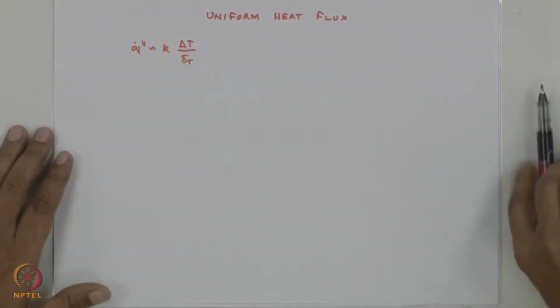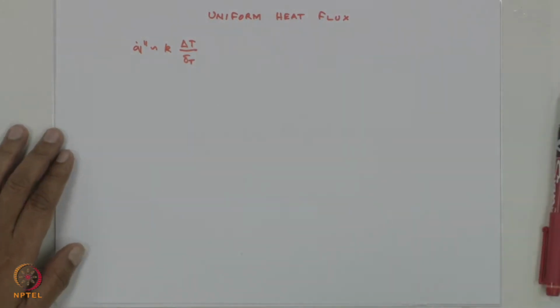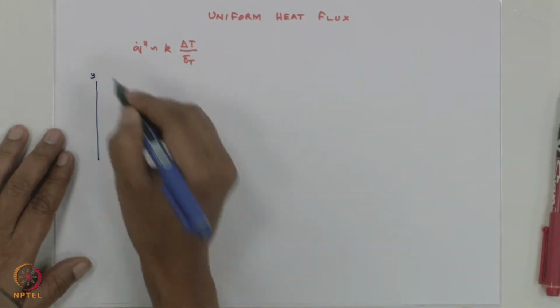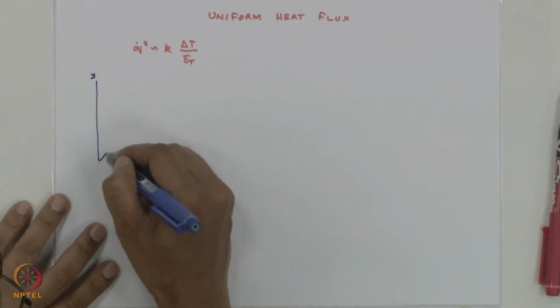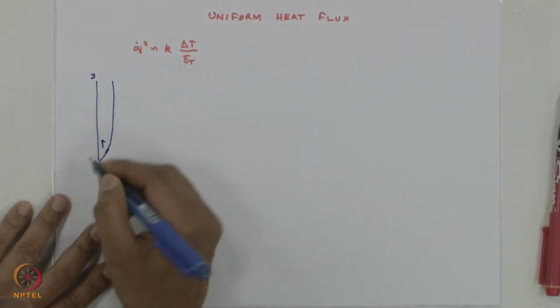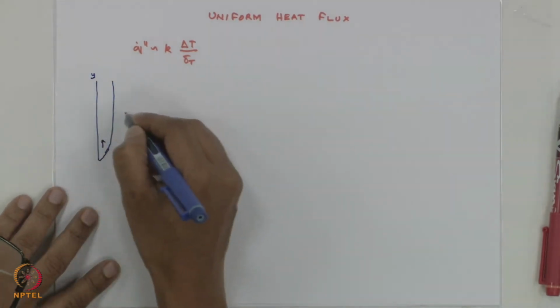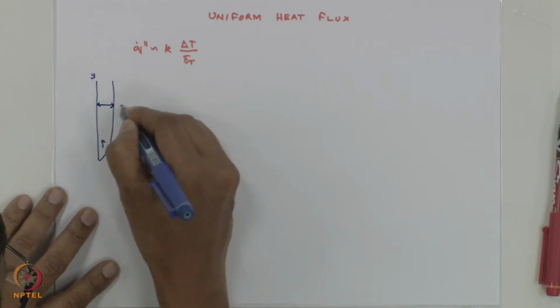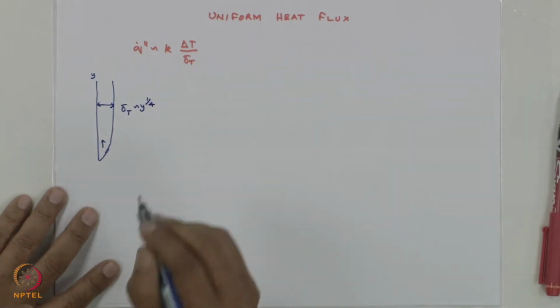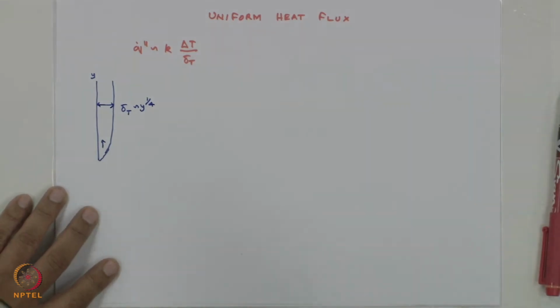This is the scale. If we have to understand, if you just take a vertical plate, this is Y and this is my boundary layer. So flow is in this direction. You can see that this is my delta T. Delta T is of the order of H Ra_H to the power of minus 1 by 4.